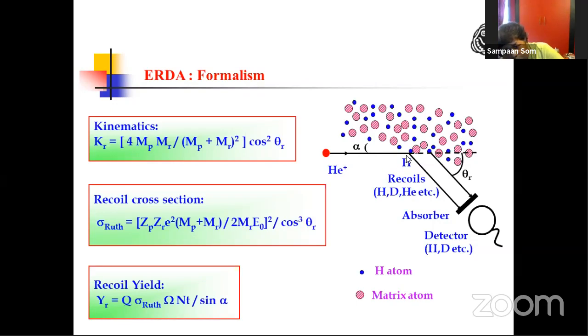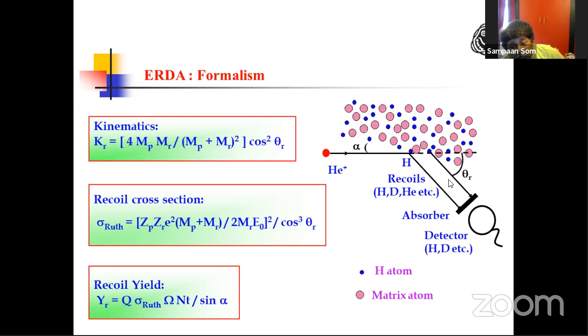At the same time, helium will get backscattered from the target atoms, which are heavier. So the red atoms, schematically drawn, are heavier, and helium will get backscattered from those atoms. But hydrogen, the moment it encounters the helium ion as a projectile, gets recoiled towards the forward direction.